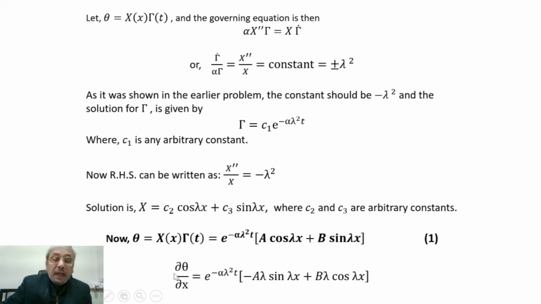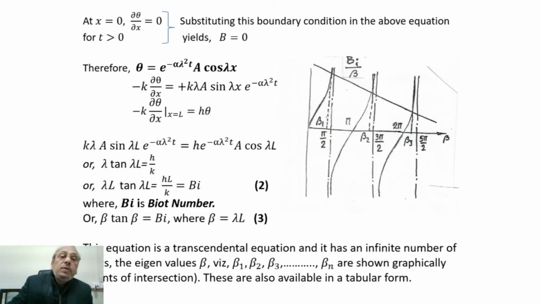So ∂θ/∂x is now given by e to the power minus alpha lambda squared t times minus a lambda sin lambda x plus b lambda cos lambda x, a simple derivative, and we substitute the boundary condition, that is, at x equal to 0, ∂θ/∂x equals 0 for t greater than 0.